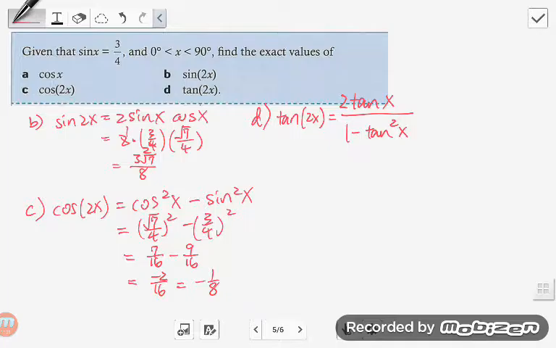Now I don't have my value for tangent x, so I can find my tangent x. In this case, tangent x is equal to sine x over cos x, right? My sine x is 3 over 4 over my cos x, which is root 7 over 4. So I can multiply 4 to both my numerator and denominator. I'll get 3 over root 7.